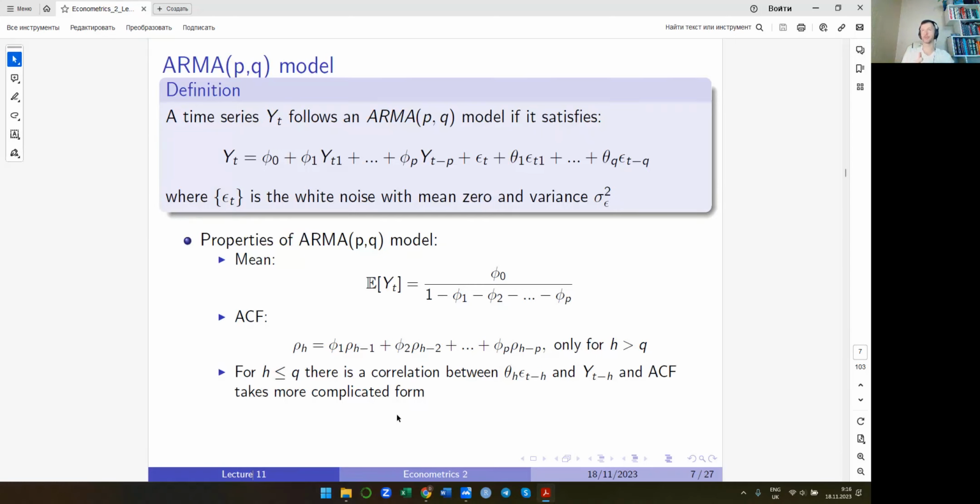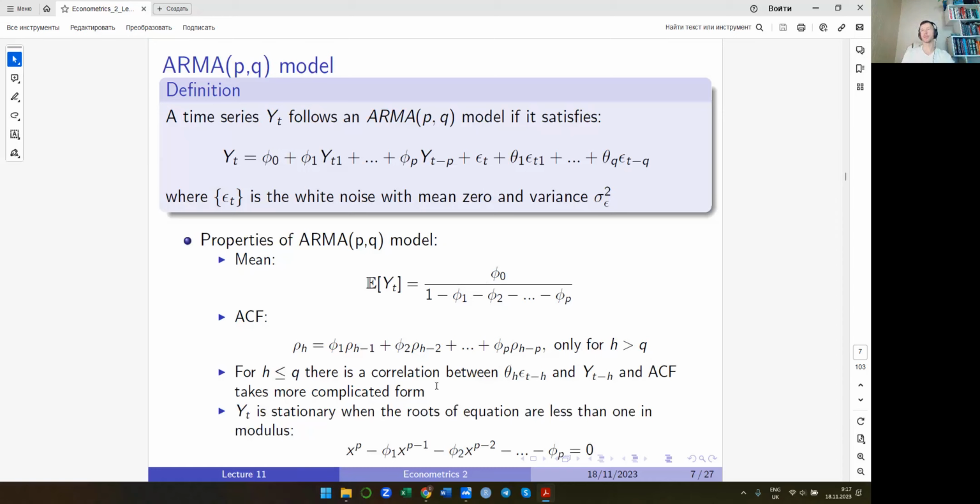You just need to remember that after the MA part, the autocorrelation looks like the autocorrelation of the AR model. Before that, you may expect some strange structure in autocorrelation.